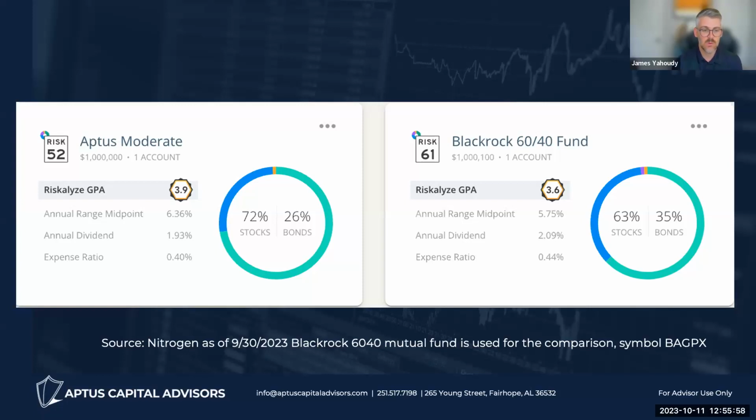You can see that we actually have 10% more in equity exposure with a similar, if not even lower, risk number, according to Nitrogen's output. It's not saying that we have less risk in our eyes, because the risk number is arbitrary, but ultimately it's saying that we have a similar risk with almost 10% more in equities in our portfolios.